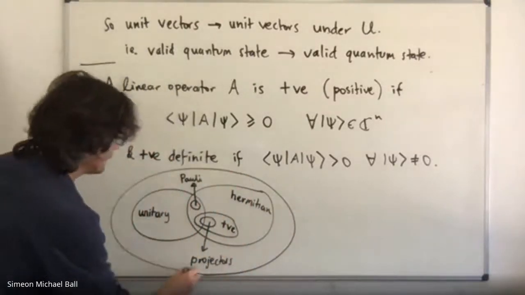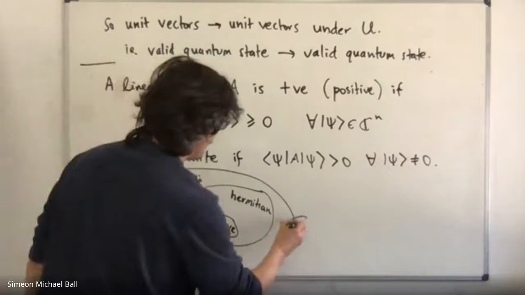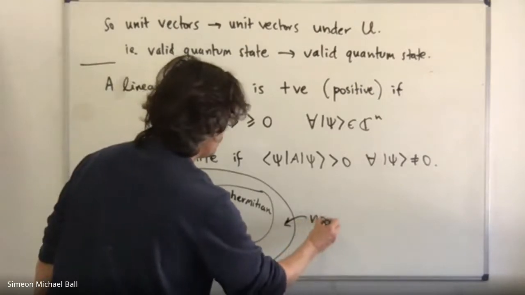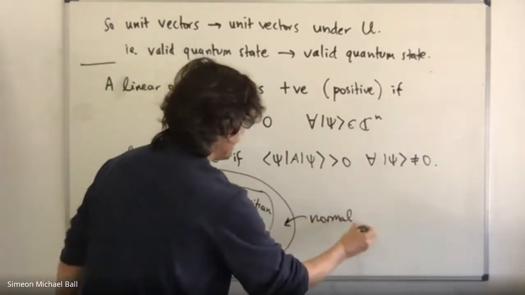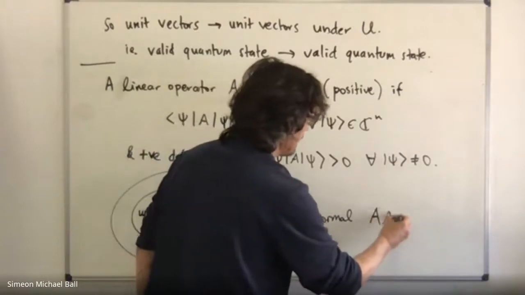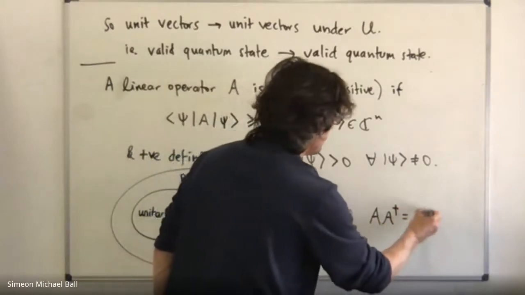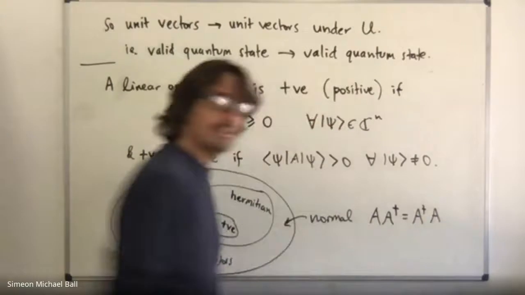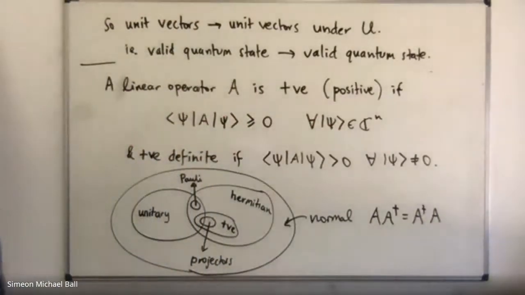And this is the normal operators, and that is A Hermitian A equals A A Hermitian. That is the property which unites all of these different linear operators.